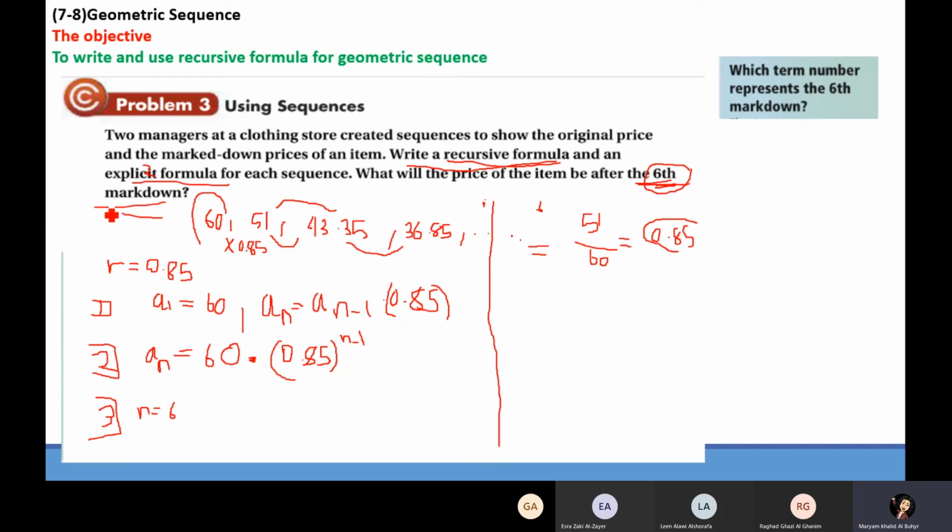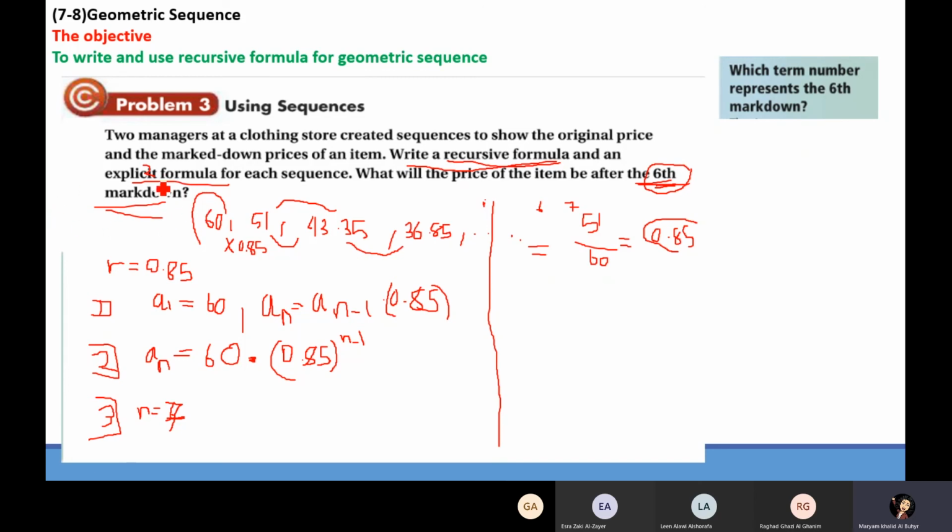So the sixth marked down should be the seventh one, right? Because the first one was the initial price, while the rest are marked down 1, marked down 2, marked down 3, marked down 4, and so on. That means I don't need to find the 6th term, I need to find the 7th term, which is the 6th mark down.